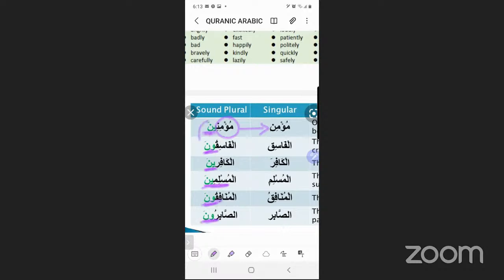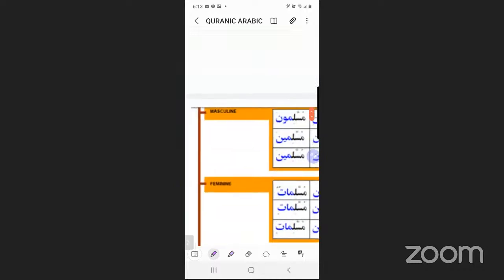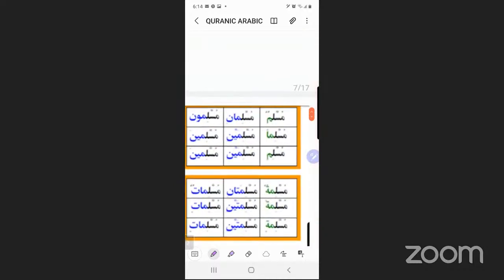So you see in the green, only to the original words, un, in, ain are added, and that makes it sound plural.